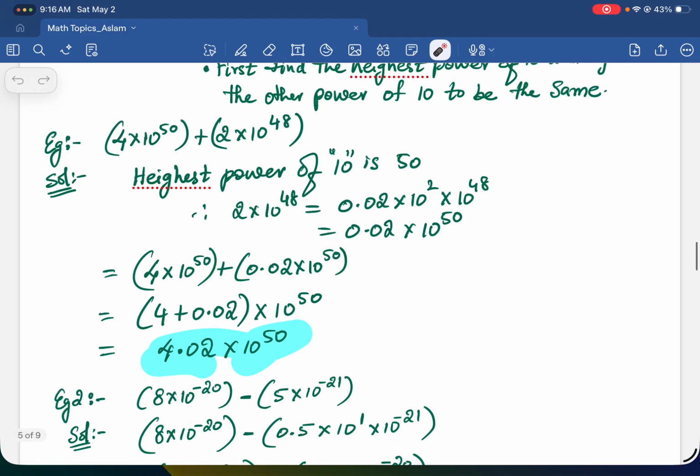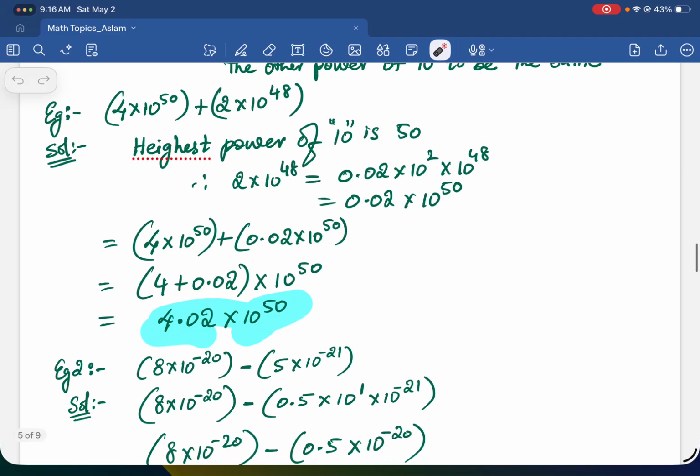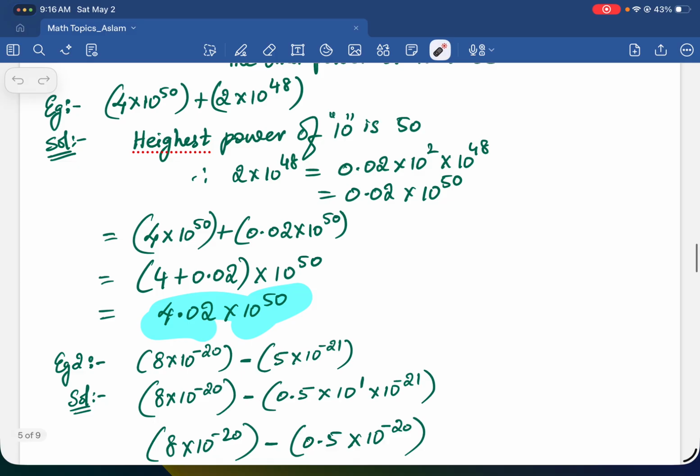Now our next task is to add this 4 and 0.02. So 4 and 0.02 is 4.02 into 10 to the power of 50. Now whether our rule is applicable or not: a into 10 to the power of n, a must be between 1 and 10. So 4.02 is between 1 and 10, and n is a positive integer for this large number. So hence this addition is correct, and writing this in standard form is like this.